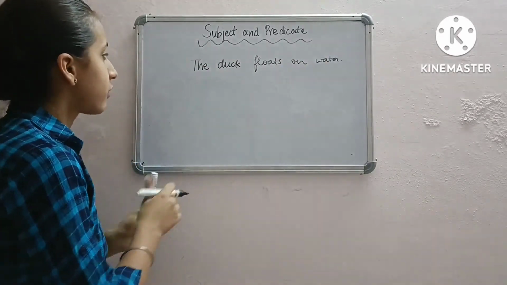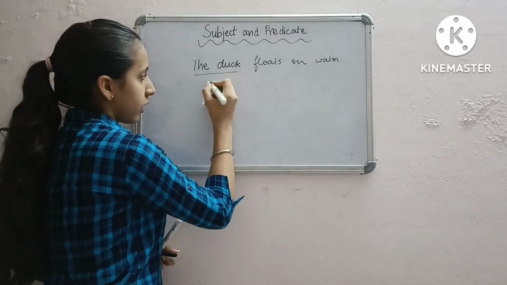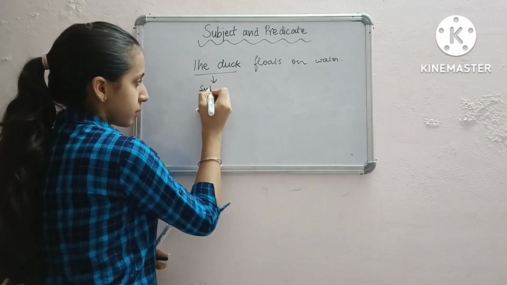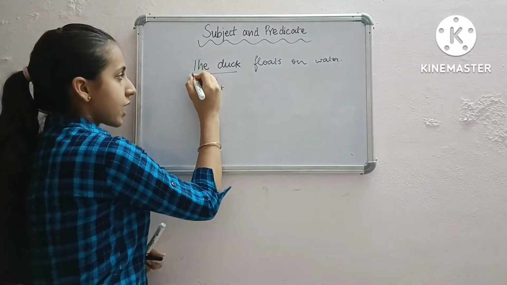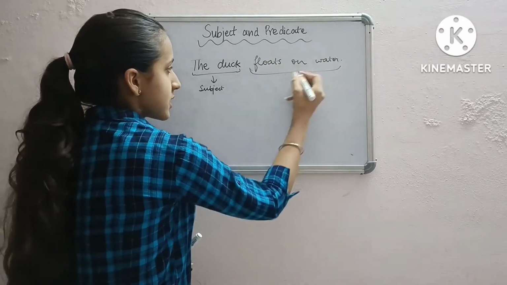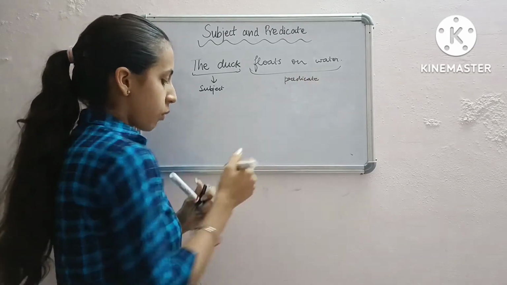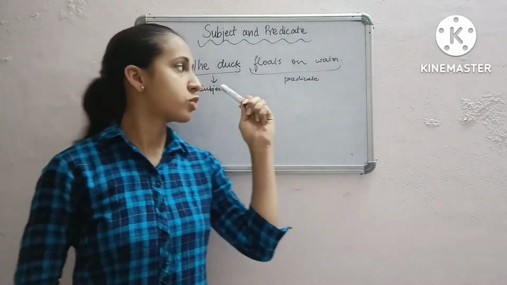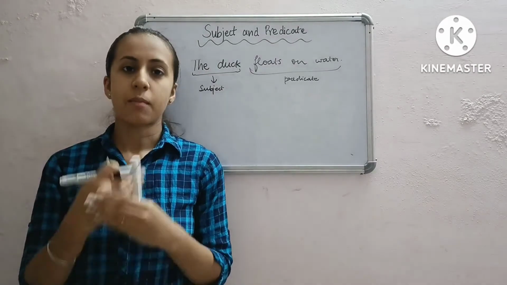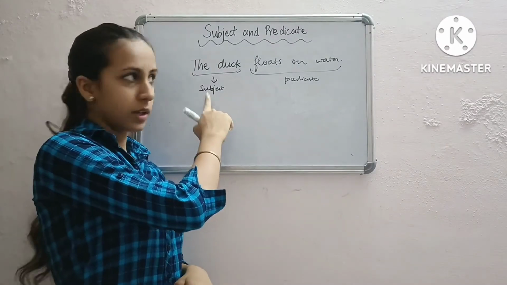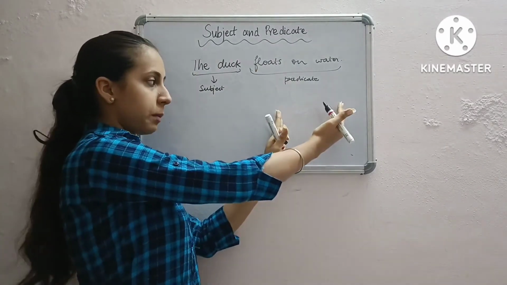We will find out that the duck here is the subject, whereas the rest of the sentence is the predicate. One more thing that's important for you to note down is that the subject is mostly at the front, whereas the predicate is at the back.